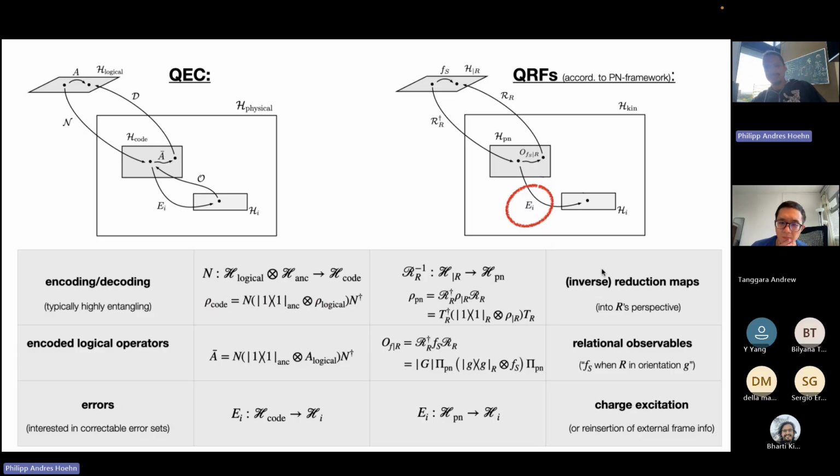The main point here is that what I call an ancilla is really just defining your redundancy, right? So it's just eating up the redundancy.